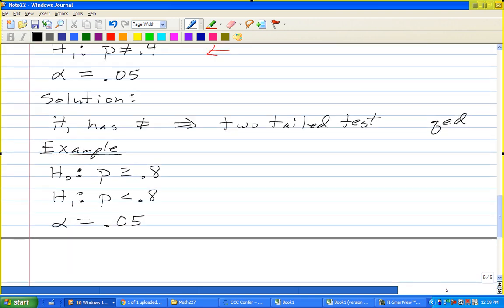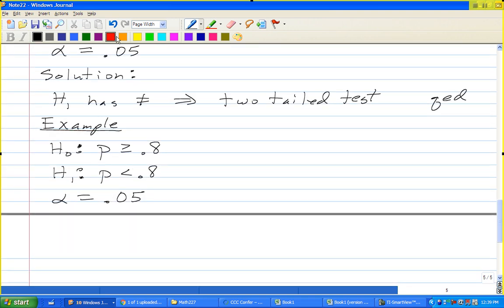Well, again, I look at the alternative hypothesis. Since the alternative hypothesis has less than, well, notice that that's pointing to the left, therefore it's left-tailed. It's a one-tailed test, it's a left-tailed test.